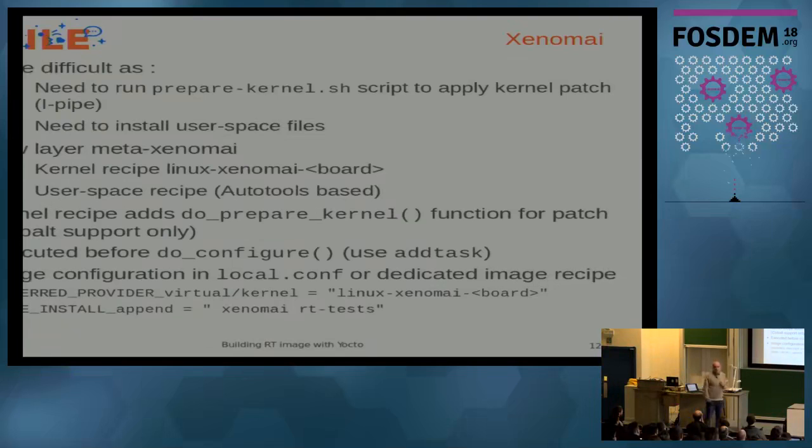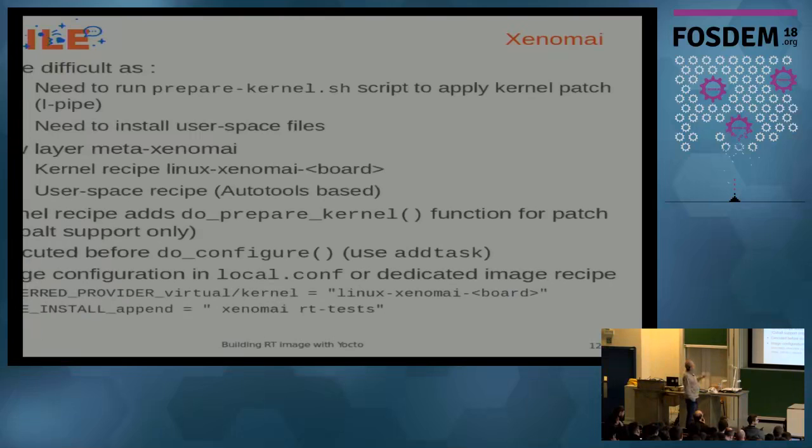There was a GitHub Xenomai layer that was not really updated, so I took the current GitHub Xenomai and created a new Linux Xenomai recipe. Actually, it's only for Raspberry Pi 3. And the user space recipe is quite simple.